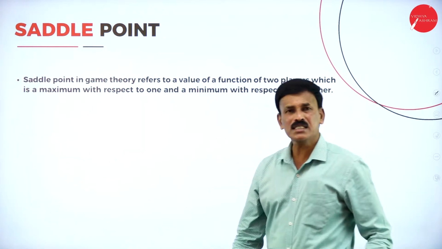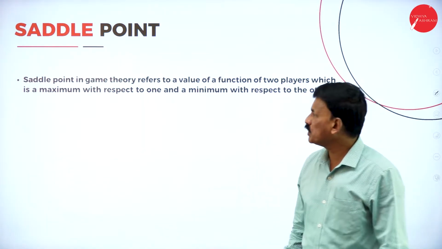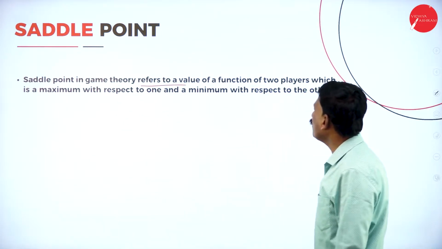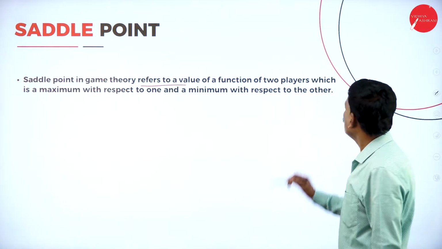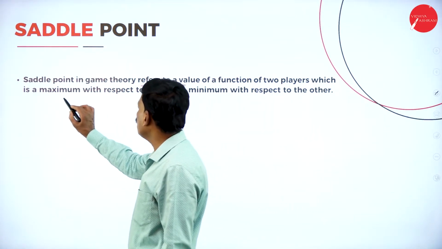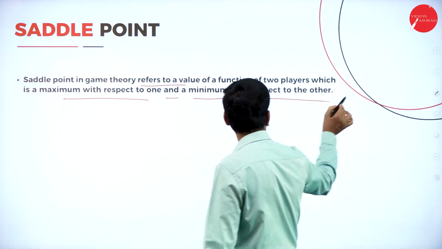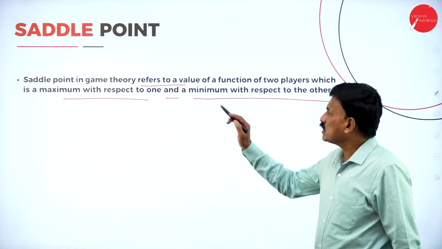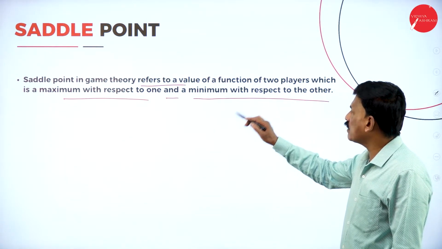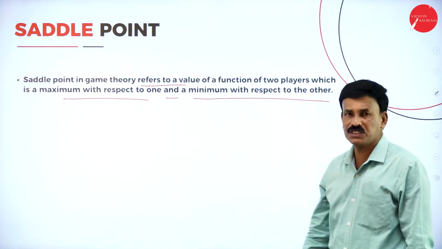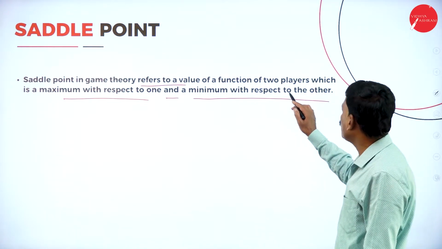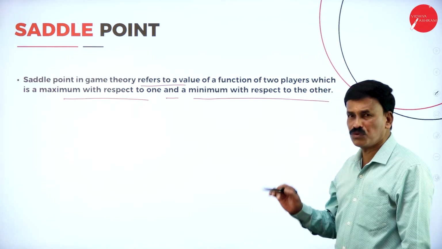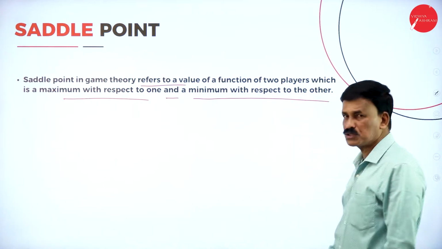Now let us come to the next concept, saddle point. Saddle point in game theory refers to the value of a function of 2 players which is maximum with respect to one and minimum with respect to the other.